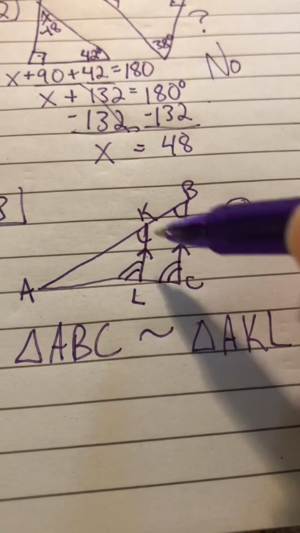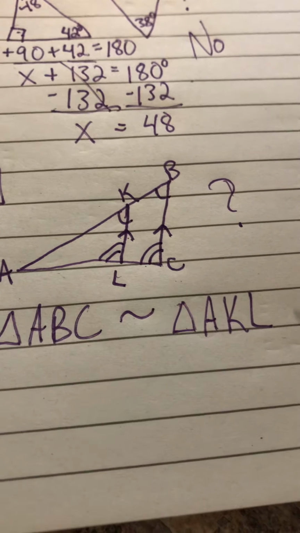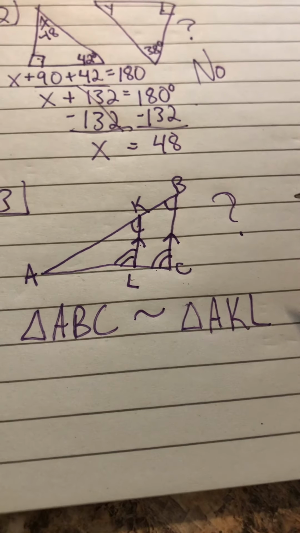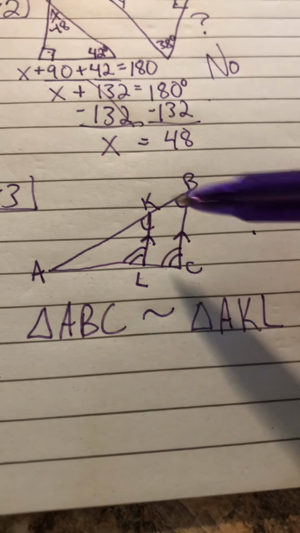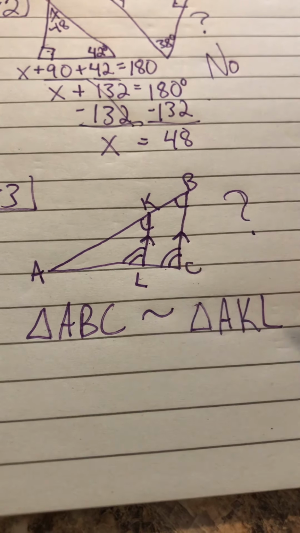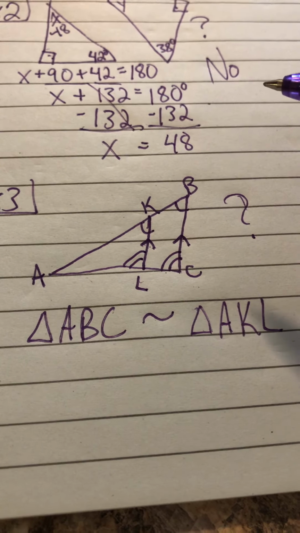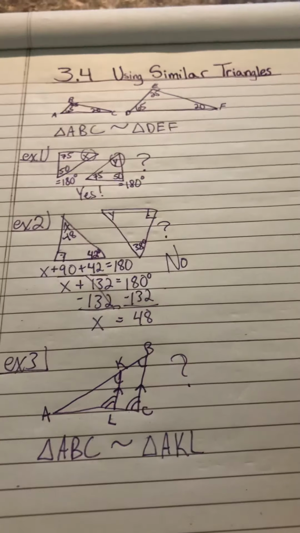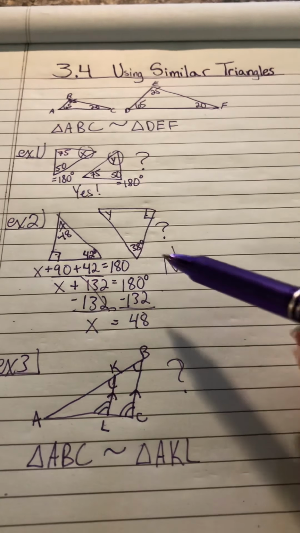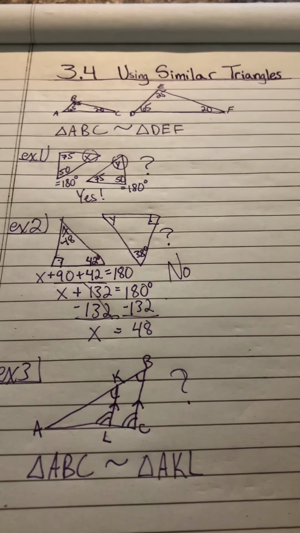So I just wanted you guys to see that example. These lines have to be parallel for the triangles to be similar. Okay, so there is the lesson today, using similar triangles to work through different angles.